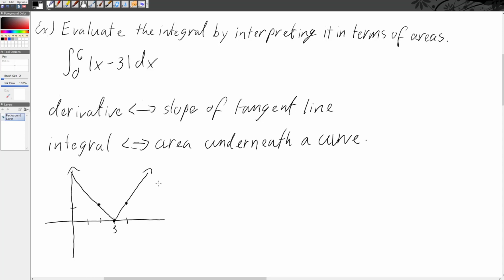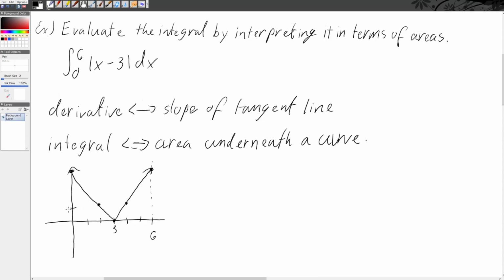Now, we want to find the area underneath this curve from 0 to 6. So 4, 5, 6. Here we note that the picture to the left is a rectangle.